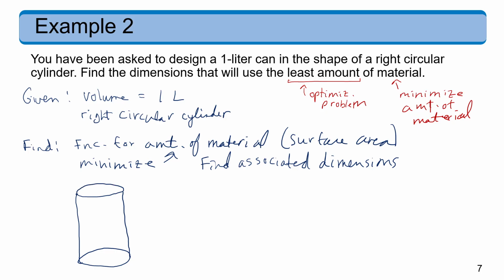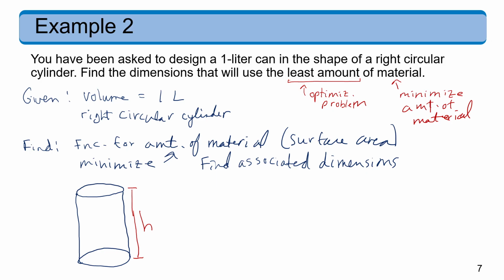So it's your standard cylinder shape that we usually think of. So let's start labeling the variables here. The dimensions that we have to decide on, one would be the height. That's obviously the height. We'll call it h.